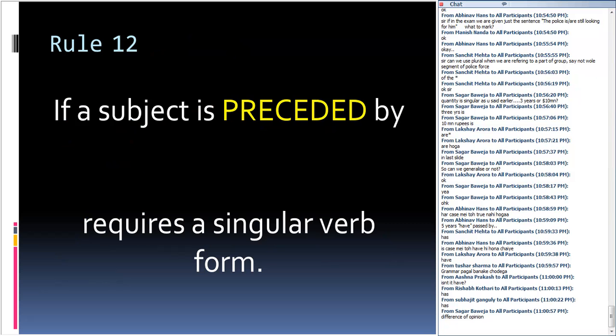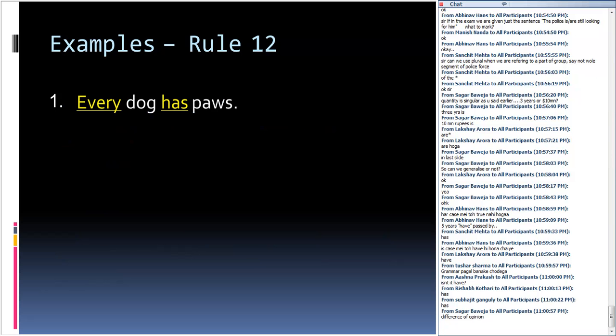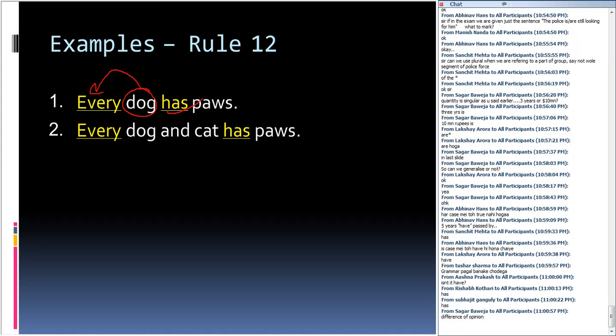For example, every dog has paws. Dog is the subject. उसके पहले every है. That is why singular. अब देखो, every dog and cat has paws. दो subjects हैं dog and cat, but इनके पहले every है. So you will use the singular verb.